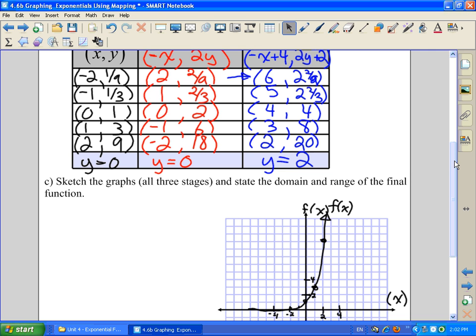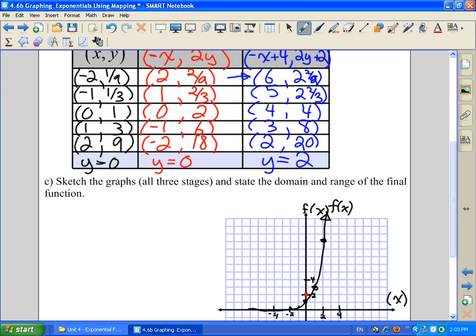Doing my g at x, ladies and gentlemen, it's going to look a little different because remember, k is -1. So in fact, it's going to reflect, but we also have a horizontal stretch that's taking place. So watch what is interesting here. If I take a look at my original y-intercept, it used to be 0, 1. Now when I go to my g at x, it's 0 and 2. That tells me that it's been stretched twice, but I'm also going to notice a trend is that it's going the other way.